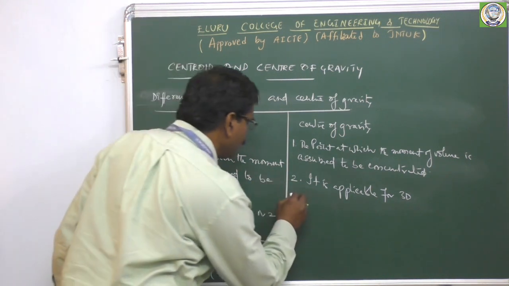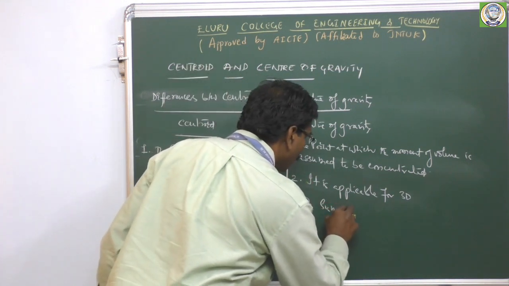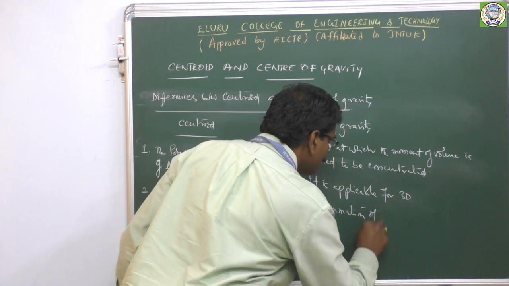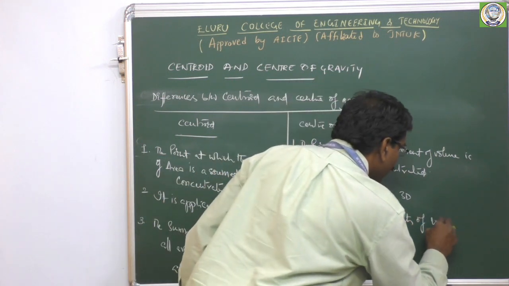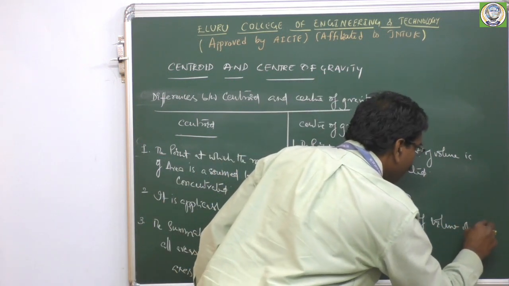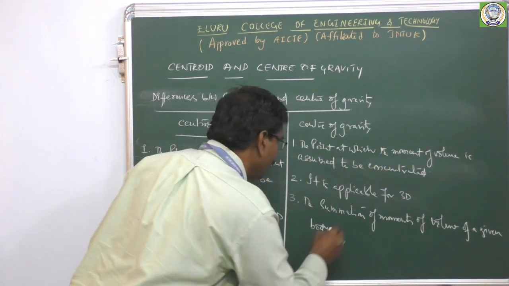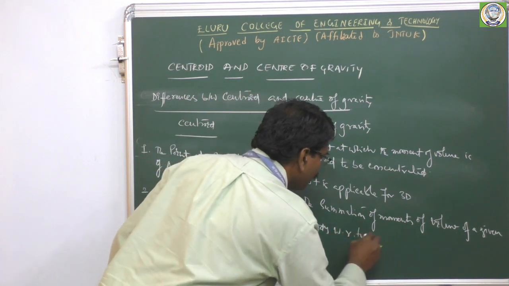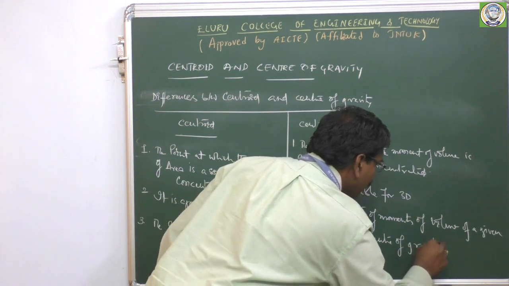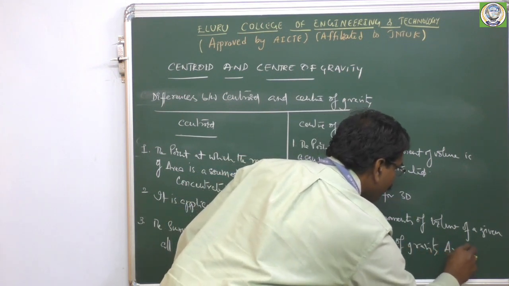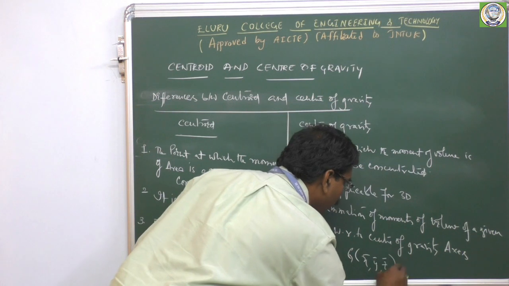The third difference in center of gravity is the summation of moments of volumes of a given body with respect to center of gravity axis, G of x bar comma y bar comma z bar.